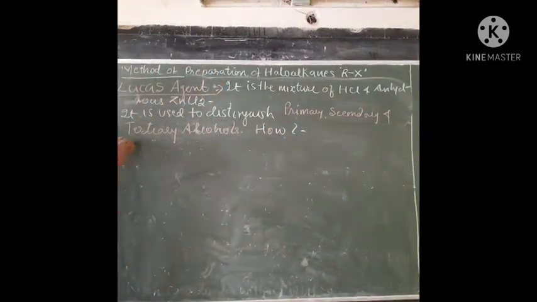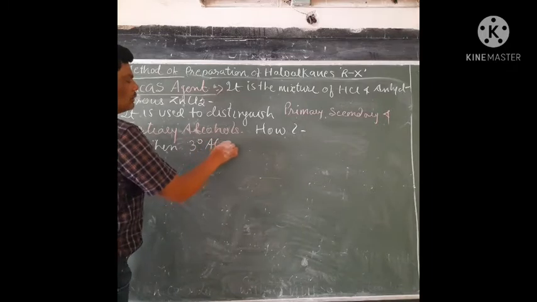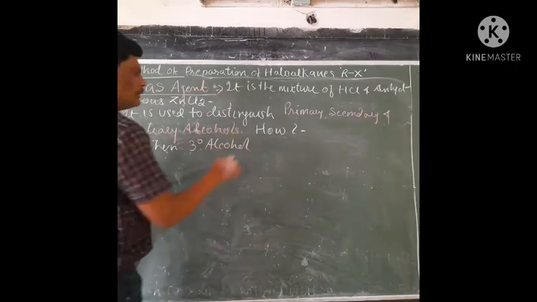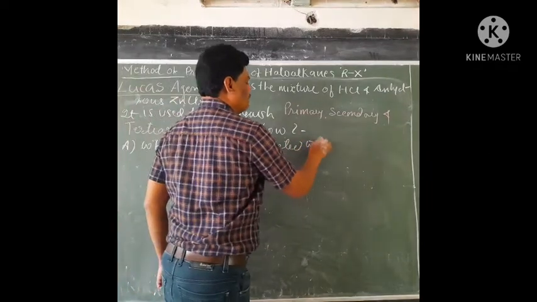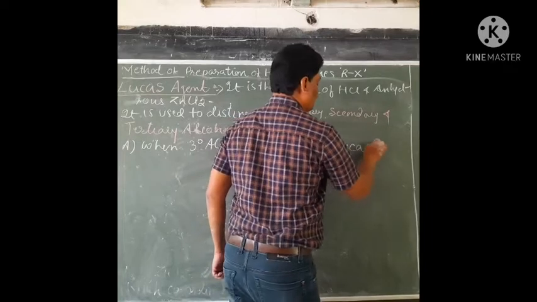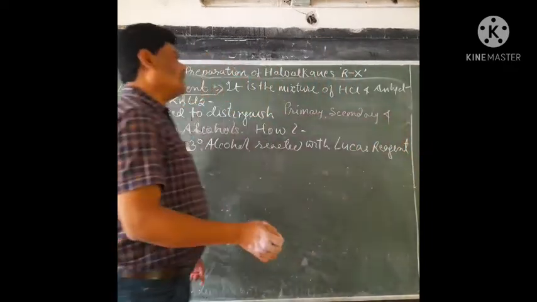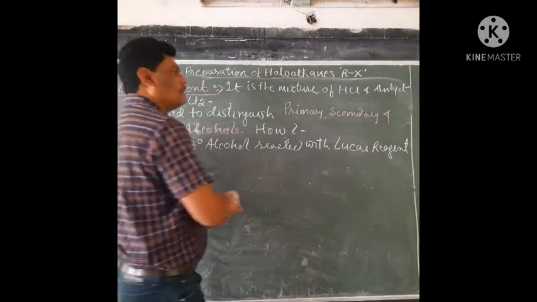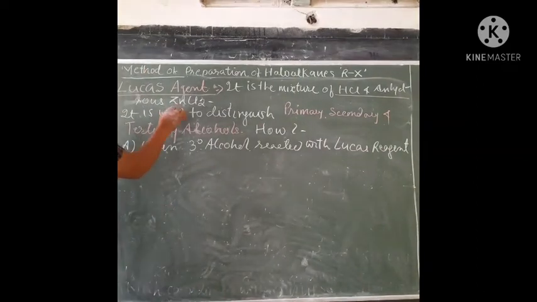So first one, when tertiary alcohol is reacted with Lucas reagent. Now what is Lucas reagent? Lucas reagent is the mixture of HCl and ZnCl2.